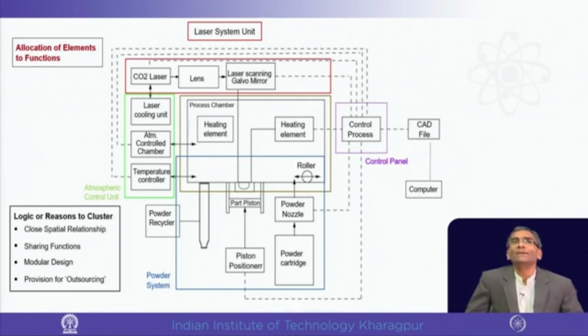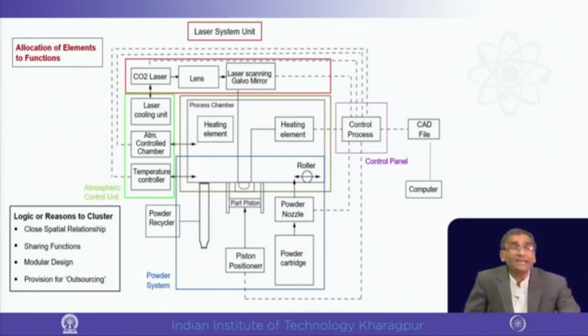Similarly, there is a brown box which is the process chamber, then below that, with a blue outline, all the parts are related to the powder system, and then on the right is the control system or control panel. Basically, these are 5 major chunks or subsystems or modules.